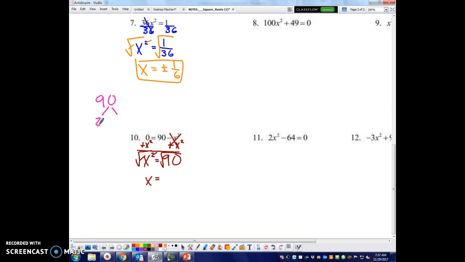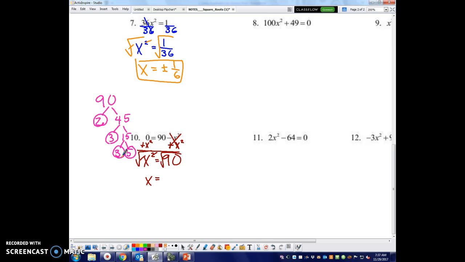With what? 45. Can 45 be divided by 2? What about 3? 3 and what? 3 and 15. Can 15 be divided by 2? 3? 3 and what? 3 and 5. And those are both prime.